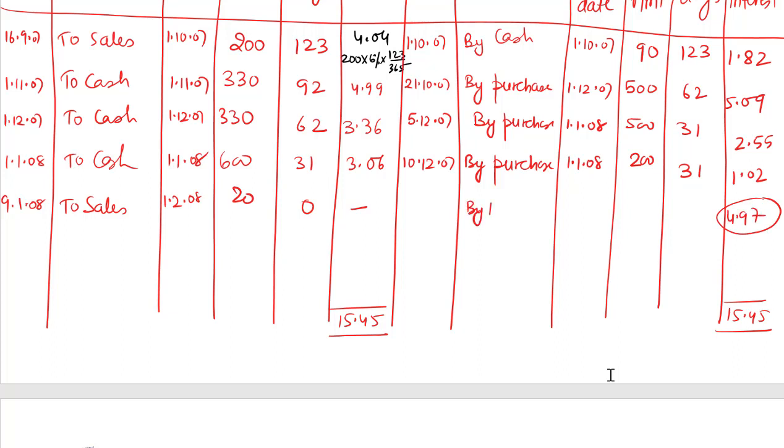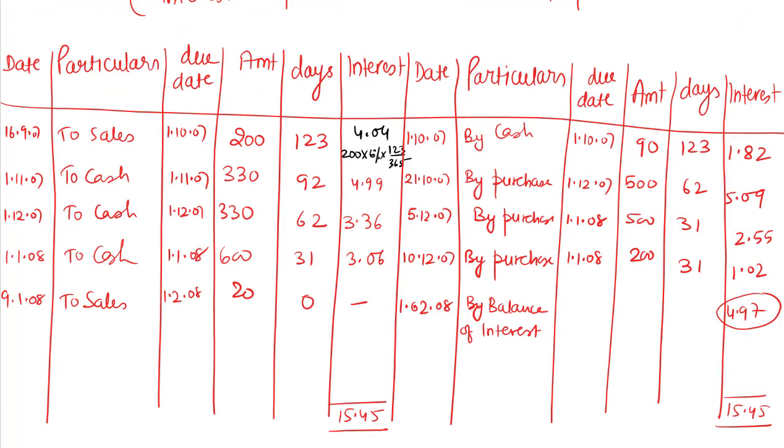It is by balance of interest on 1st of February 2008. This interest is to be transferred on the opposite side, 4.97, 1st Feb 2008, to interest, 4.97 in the amount column.